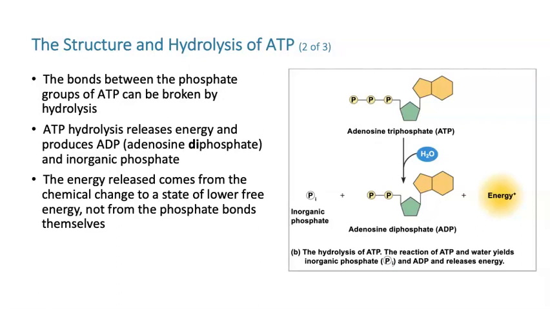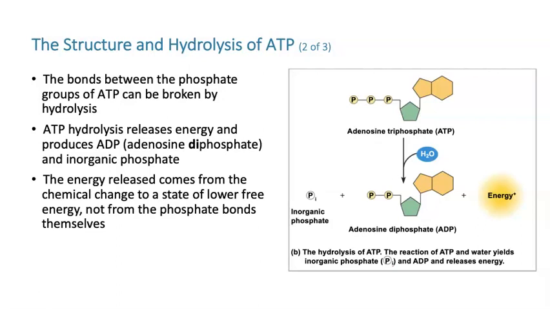Again, the bonds between the phosphates are the key things here, and those can be broken by hydrolysis, as I said before. ATP hydrolysis releases energy, and that energy is going to be used to drive our other reactions. And now it's ADP, adenosine diphosphate. And we have something also hanging off here called inorganic phosphate, and that's always symbolized as P sub i.